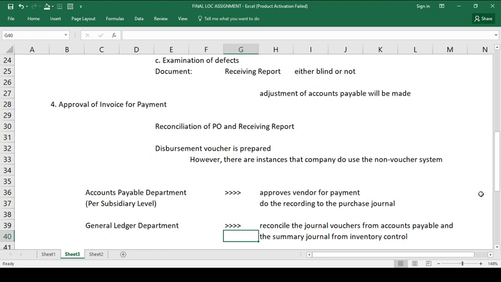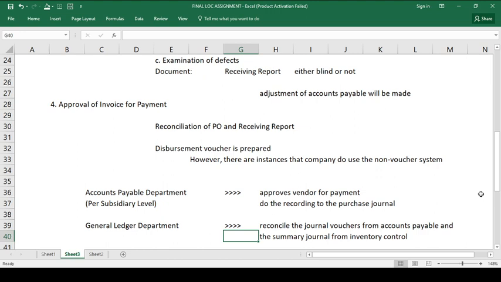Yung sinasabi ng approval of invoice for payment, parang this is a go signal for the disbursement department to prepare the check, because itong mga inutangan natin is legit, existing. So that is the purpose of approval of invoice for payment.